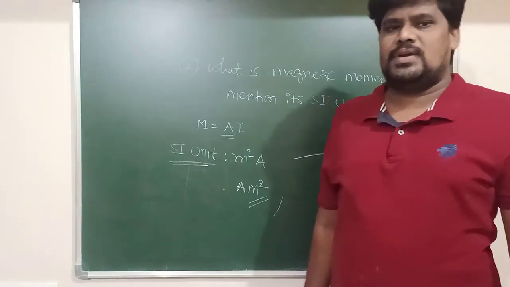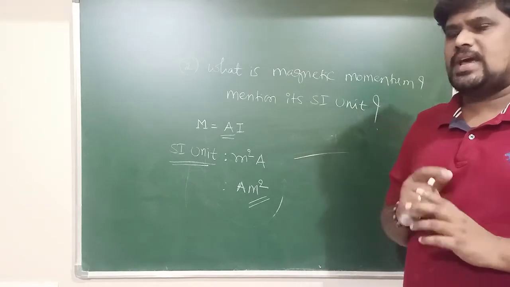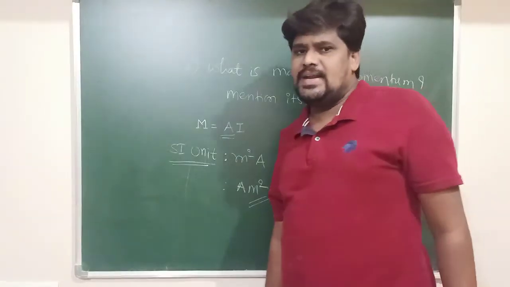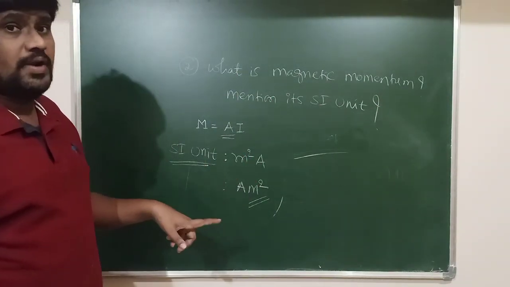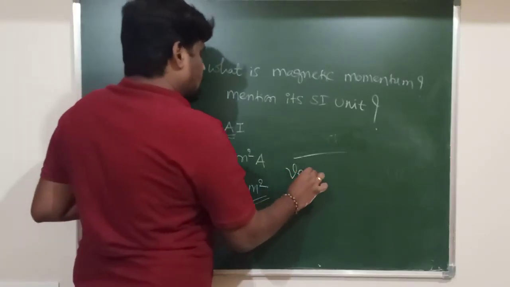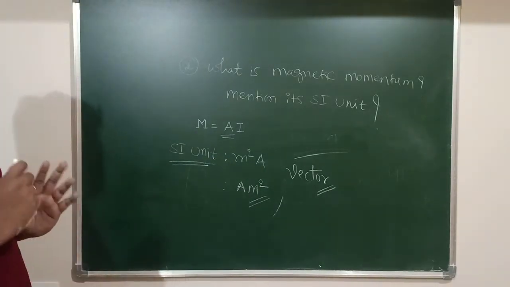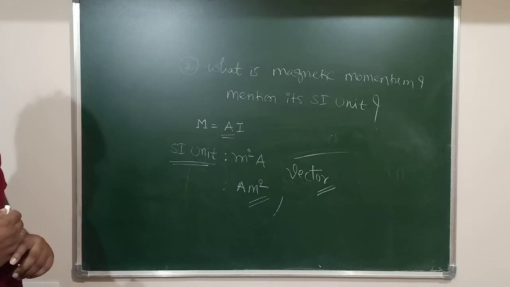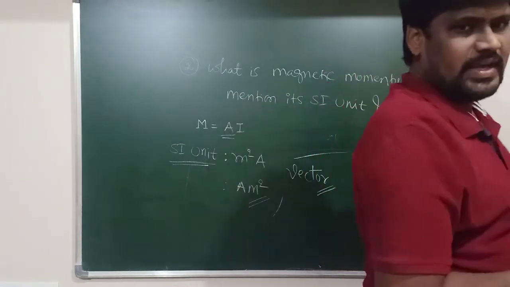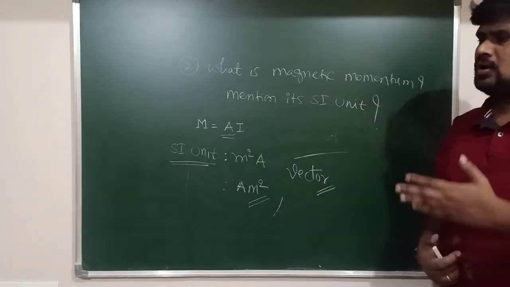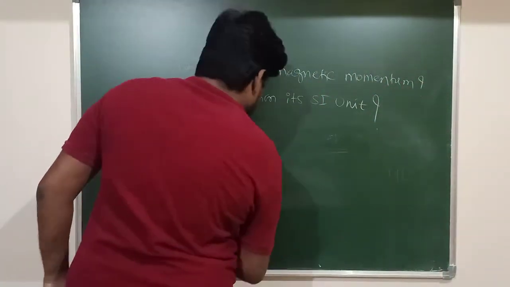The product of the area of the loop and the current in the loop we will call a magnetic moment, and its SI unit is ampere square meter, and of course it is a vector physical quantity. The magnetic moment is a vector physical quantity. So this is the next definition we can expect in the examination from the lesson moving charges and magnetism. Next comes the third one.